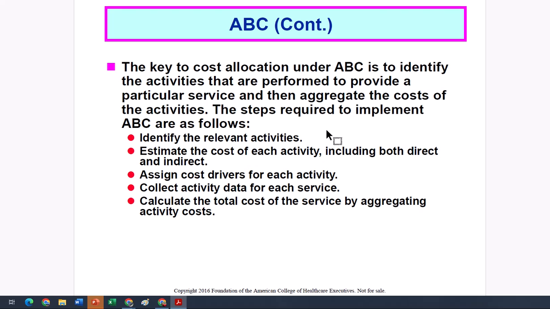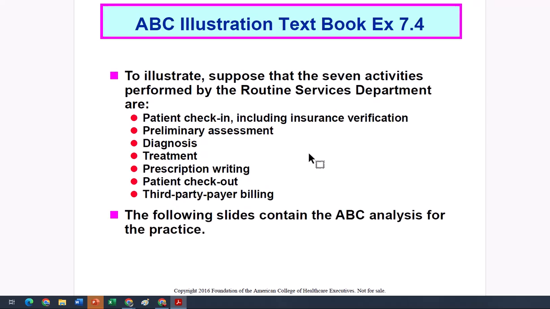So we're identifying the relevant activities that create the service or the product, and then we estimate the cost of the services. We do the same kind of driver and activity data, but as you'll see, it's much more granular. Let's say we use this example in the textbook.